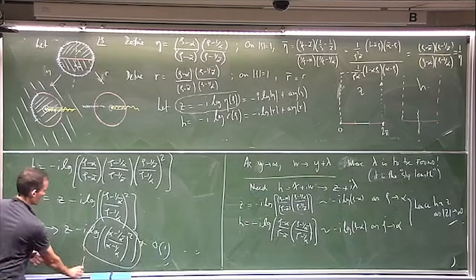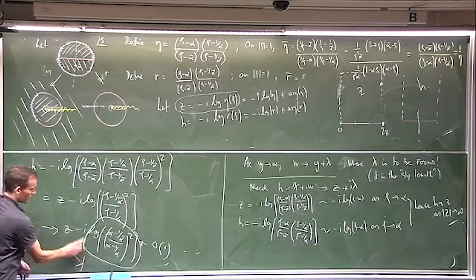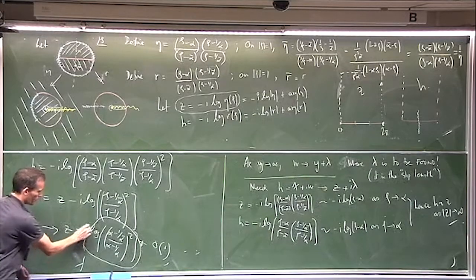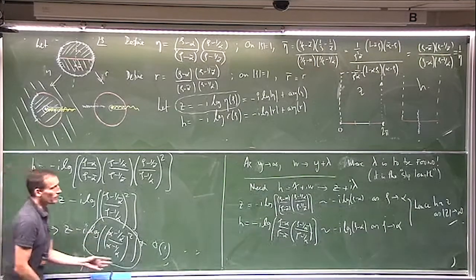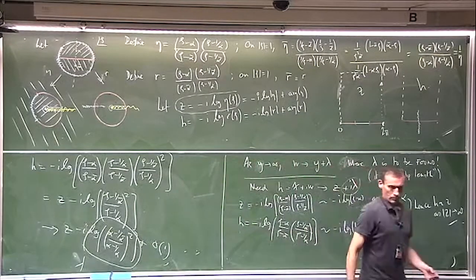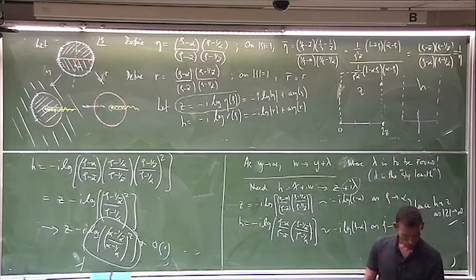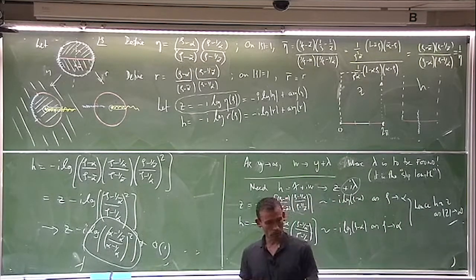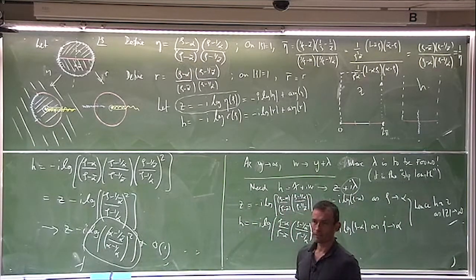So this is minus lambda, this whole thing compared with i lambda. Everybody see that?